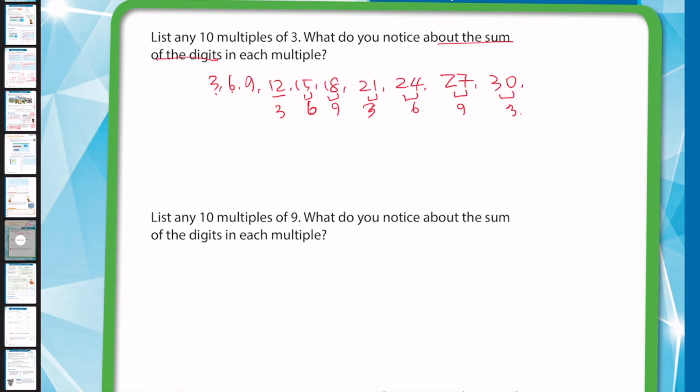You see that? 3 can divide by 3, 6 can divide by 3, 9 can divide by 3. So the sum of the digits in each multiple is divisible by 3.